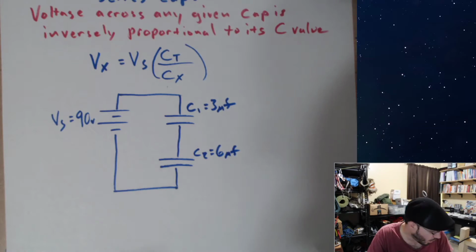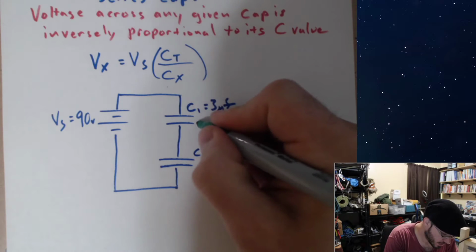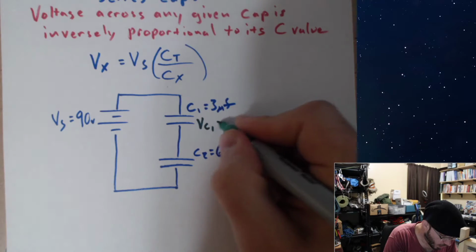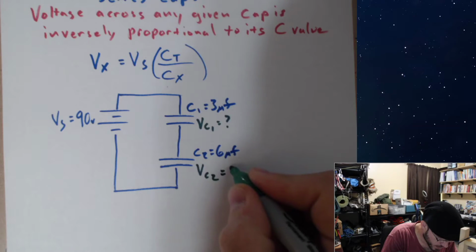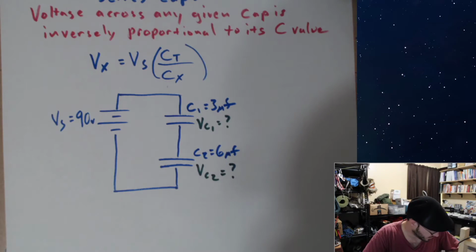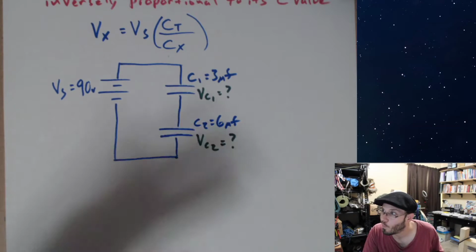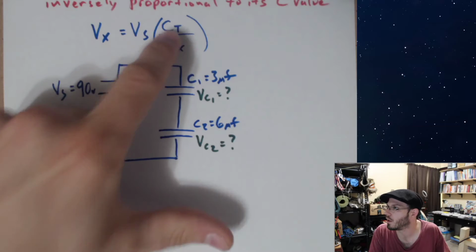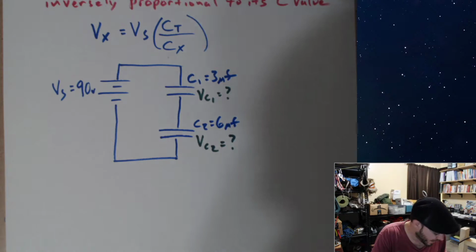Okay, so what we want to find out is VC1 equals what? VC2 equals what? Well, first we need to figure out what the total capacitance is so we can plug it into our equation up there.